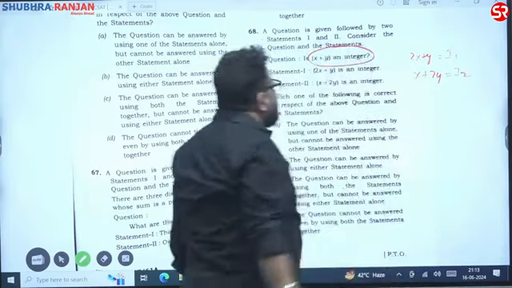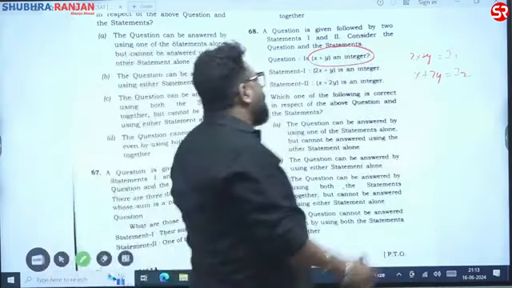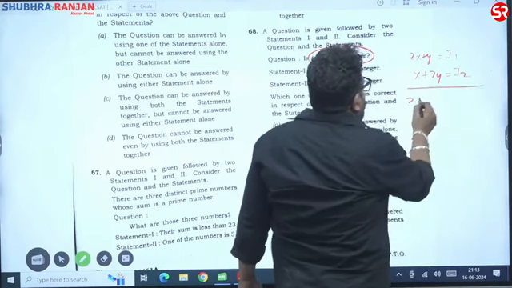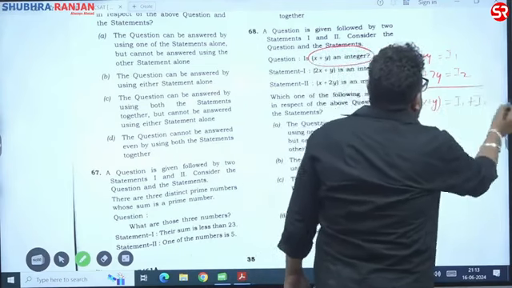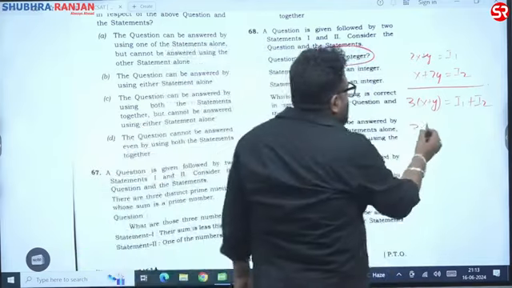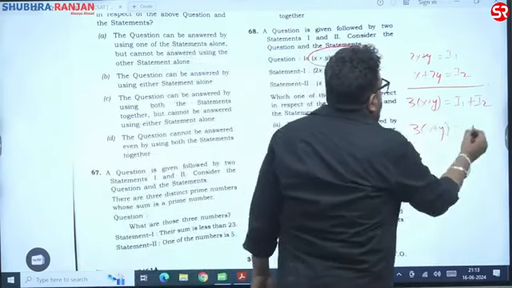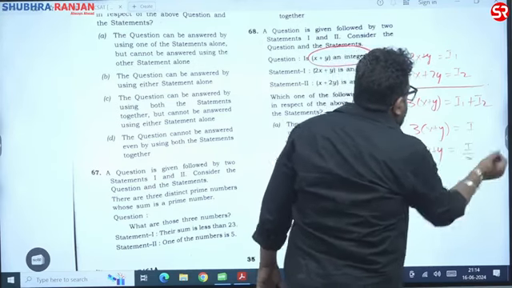Right? So what is the question? Whether x plus y is an integer or not. If I add these, I get 3 times (x plus y) equal to integer 1 plus integer 2. Definitely integer plus integer is an integer. So 3 times (x plus y) is an integer, and x plus y is equal to integer by 3.